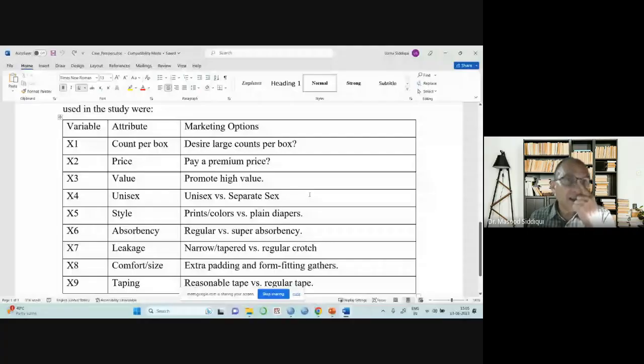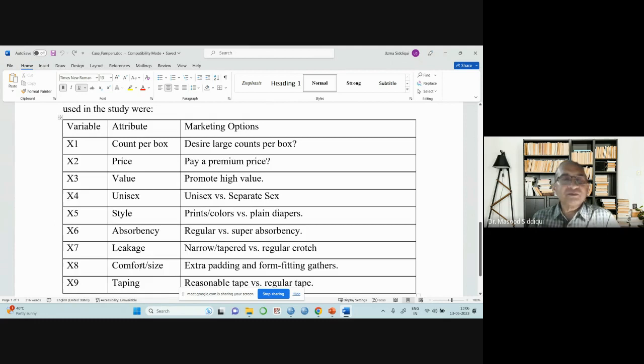So now that can also be discussed there. Okay, now if we see this case, it is expected that for some mothers, if count per box is important, meaning how many diapers are there in the box, then for that mother, price might also be important. For some mothers, if price is not important, then obviously count per box may not be important.